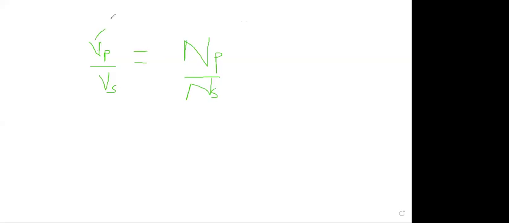V is for the voltages that we have. And then N is for the number of turns.